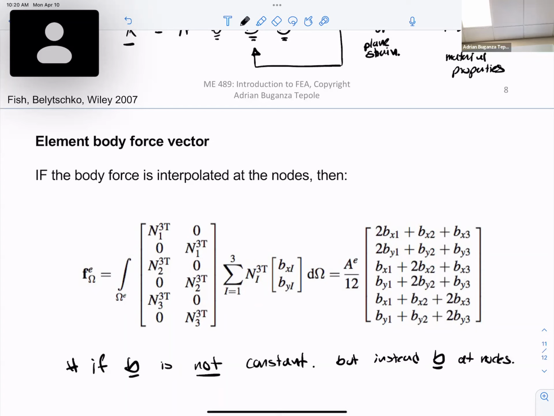If the body force is not constant, but you have the values of the body force at the nodes, you can use this formula.